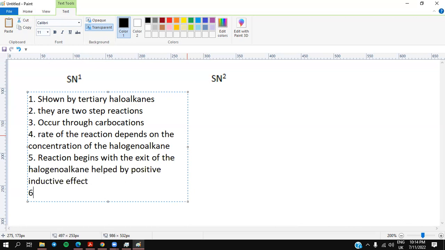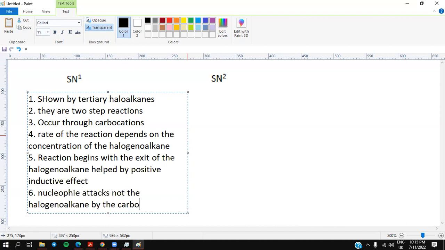And sixth one I can write. Nucleophile attacks not the halogenoalkane, but the carbocation. This is about Sn1 mechanism.